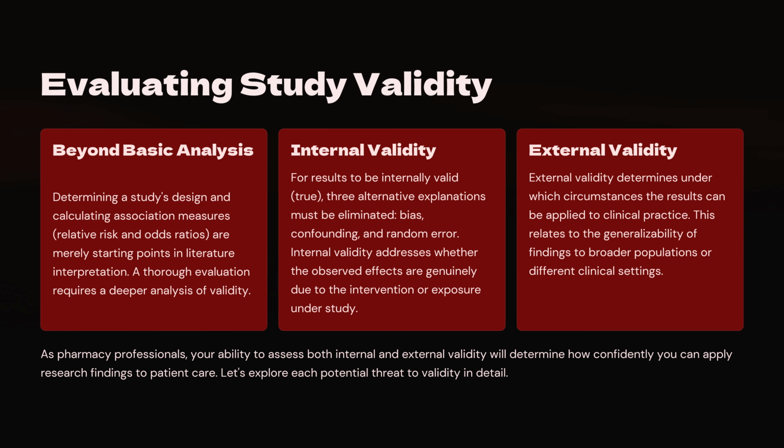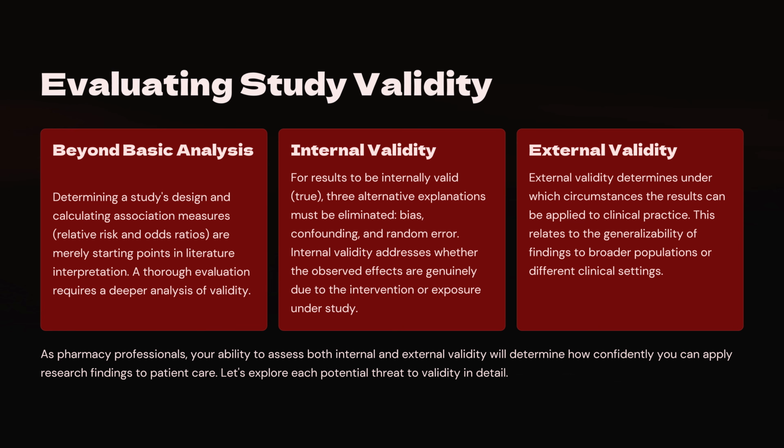So we need to go beyond just basic analysis. If we're just looking at association measures like relative risk and odds ratios, they're merely a starting point for the interpretation of a study. We need to go further, looking at internal validity. If a study is internally valid, it means it must eliminate bias, confounding, or random error.